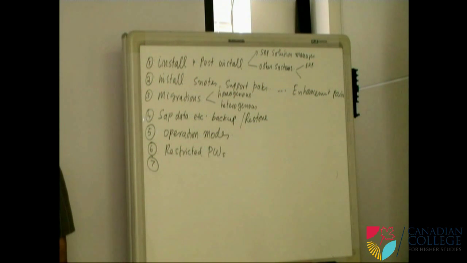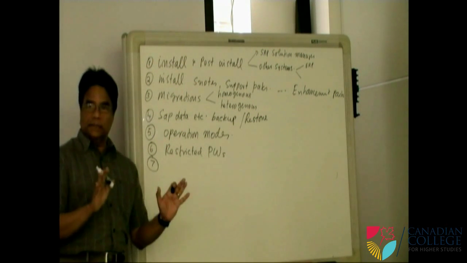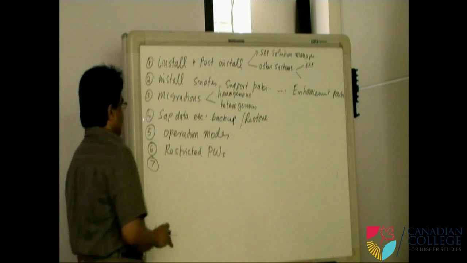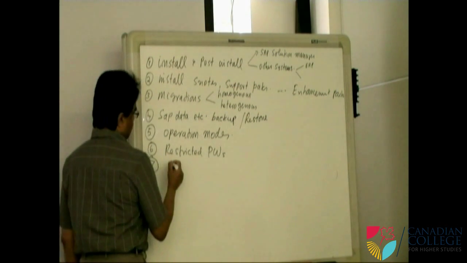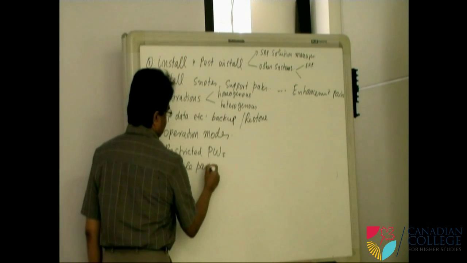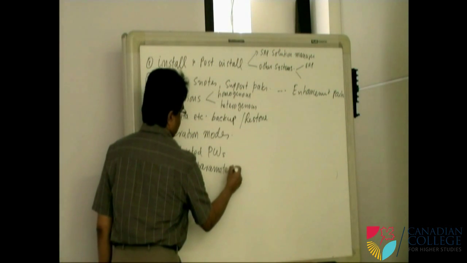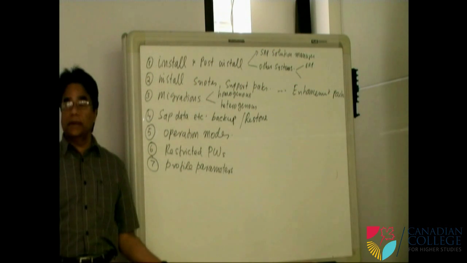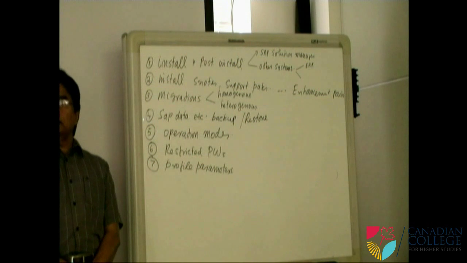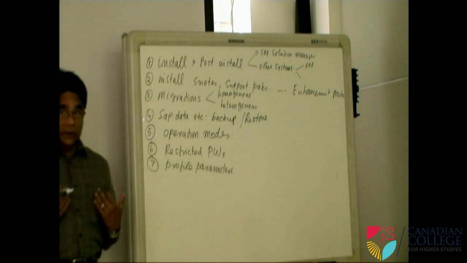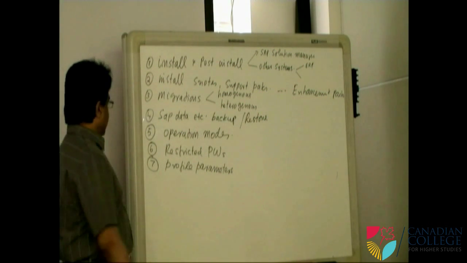Security and authorization is not his or her job, but securing the system, yes, he or she has to protect. So restricted passwords or profile parameters. These are all configuration changes which have to be done in the system. I don't accept the profile parameters given by SAP. I have to modify them to suit my environment and my restrictions.